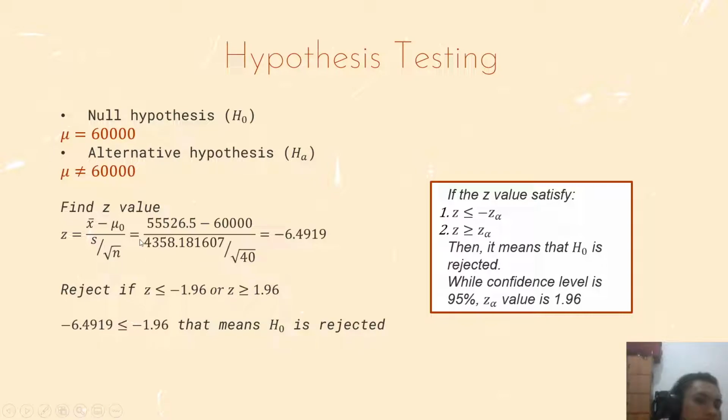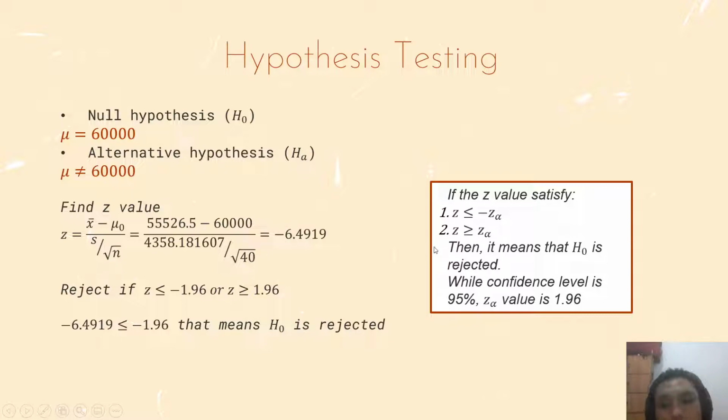First, I want to find the critical value or the z value, using the same formula as before: the mean subtracted by the value that I picked, divided by the standard deviation of the sample, and then divided by the root of the sample size. And then I got the z value, which is minus 6.4919.